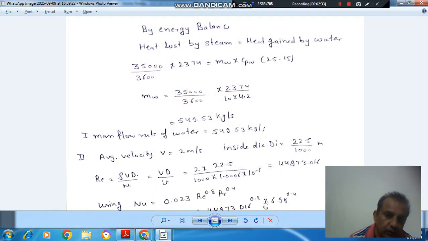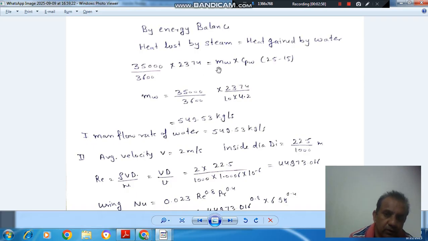So for the first part, the mass flow rate of water, we will balance the energy, that is heat lost by steam will be equal to heat gained by water. So heat lost by steam is this: the mass flow rate of steam is 35,000 kilogram per hour, so per second it will be divided by 3600, and latent heat of steam is 2374.